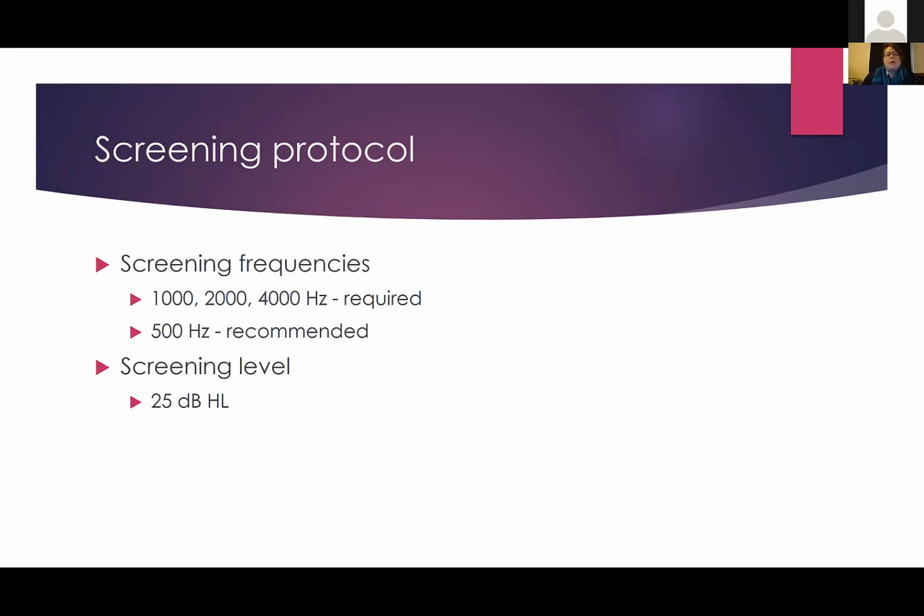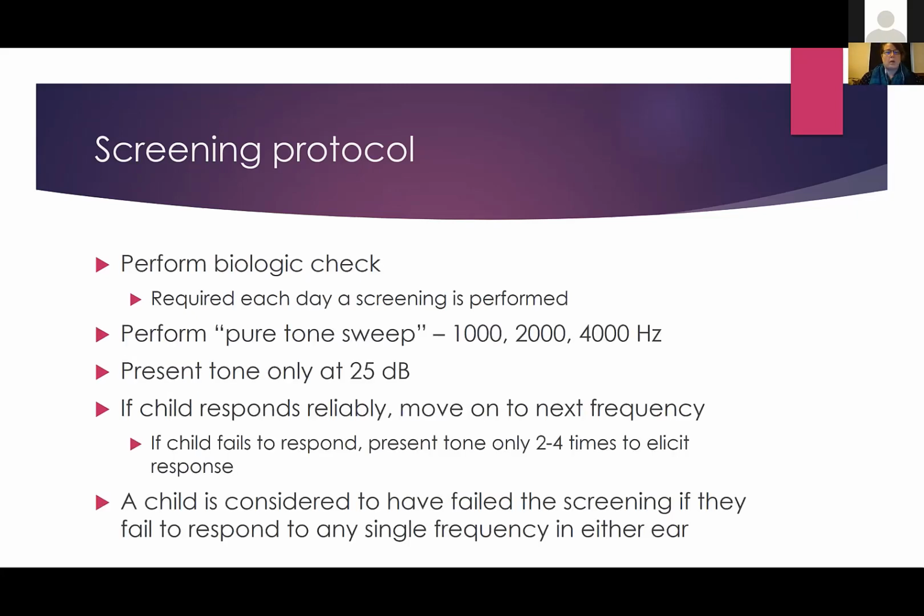So we'll talk about how to determine whether or not to add 500 hertz in a moment. You're going to screen at each of these frequencies in each ear, and your presentation level will be 25 dB HL.